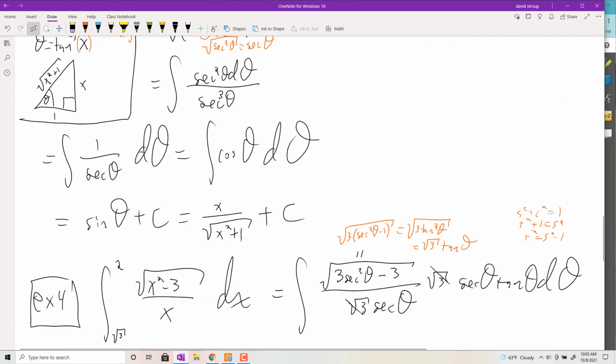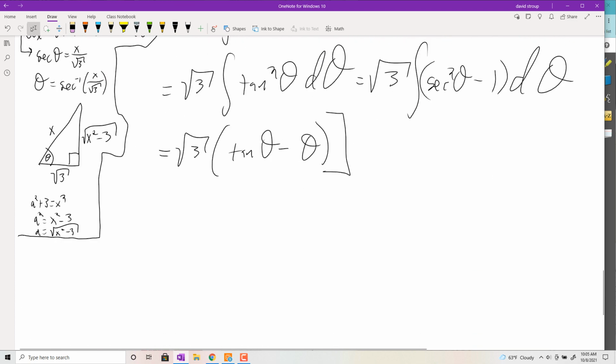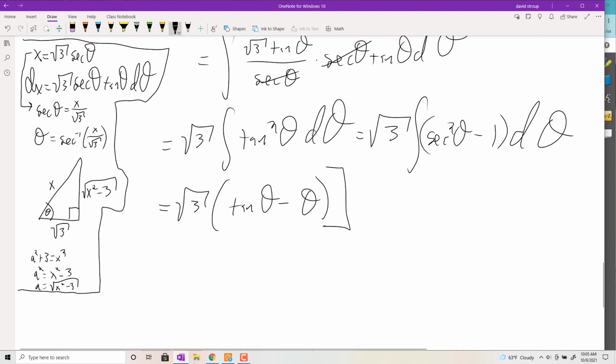So what were the original limits? So root 3 and 2. So x is root 3, and then we want x is equal to 2. So you can plug it into this guy right here.